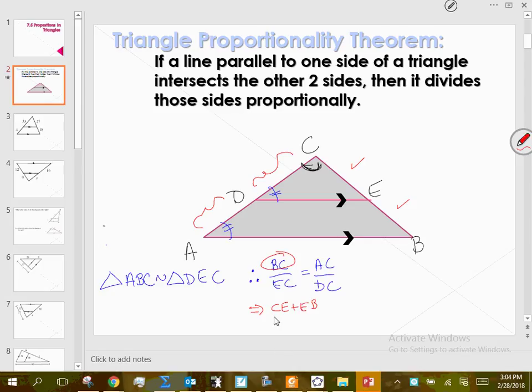Everybody okay with that? And then this EC, I'm going to leave as EC. Now on the right-hand side, would you guys agree that AC could be rewritten as AD plus DC? AD plus DC is okay? And I still have this DC on the bottom. So this blue proportion and this red proportion are the same thing, right?